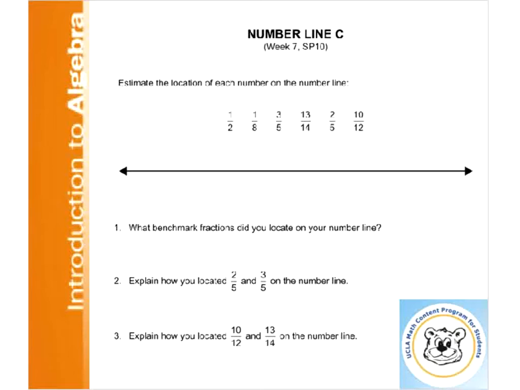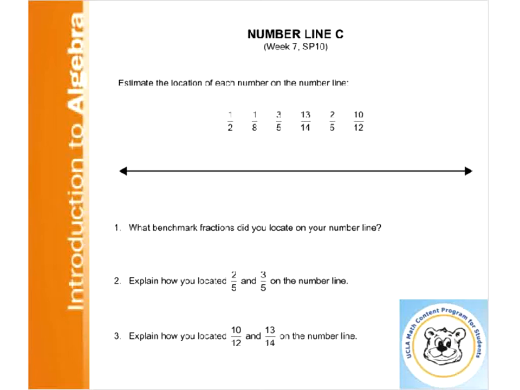Once the students place their numbers on the paper strip or the adding machine tape, you can go ahead and tape them on the wall underneath each other, and it's a really good way for the students to see how close they were to placing the numbers on the number line. And again, sharing out their strategies on how they placed the numbers on the number line as well.